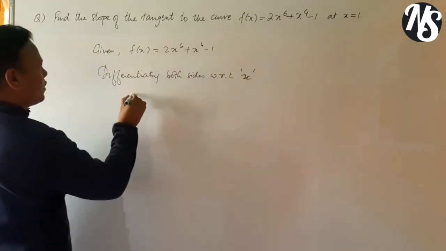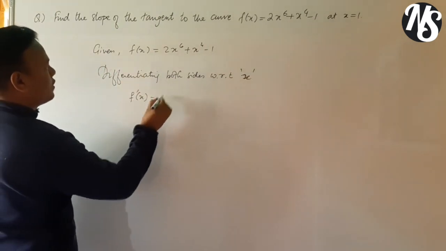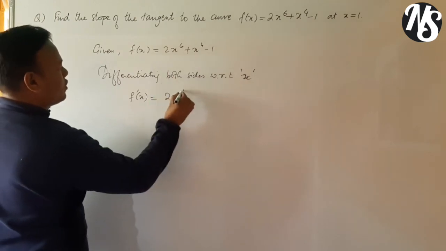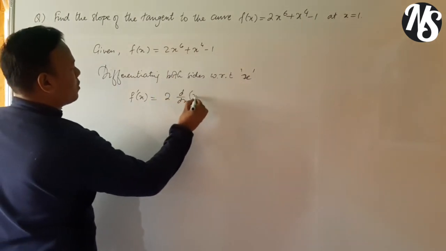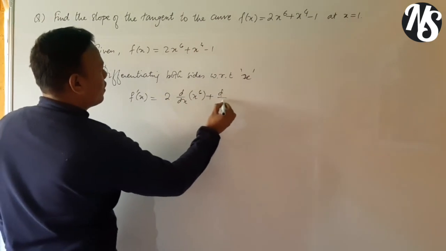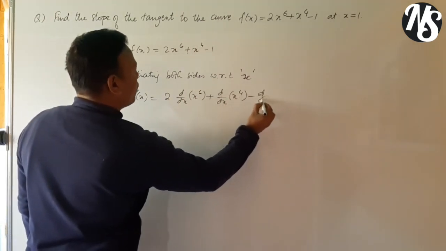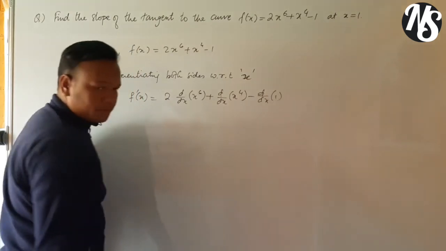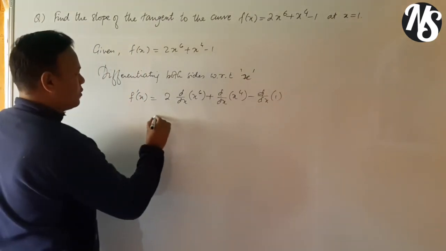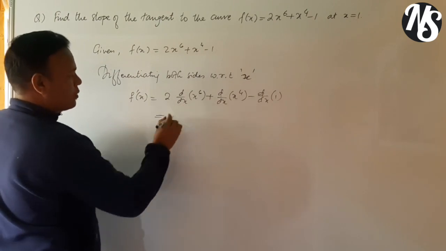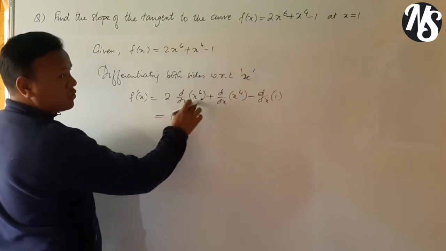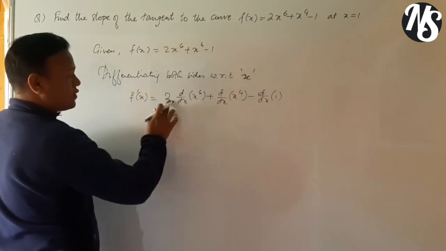So this becomes f dash of x here, and this becomes 2 times the derivative of x to the power 6 plus the derivative of x to the power 4 minus the derivative of 1. Using the x to the power n rule, this becomes actually 6x to the power 5, but 6 into 2 is 12.